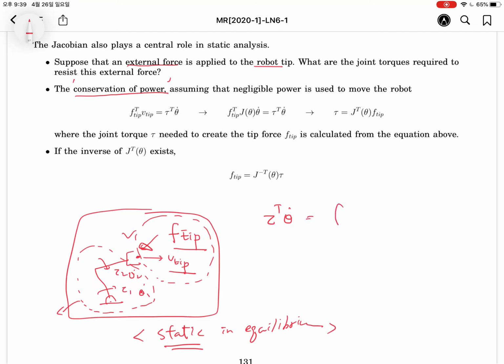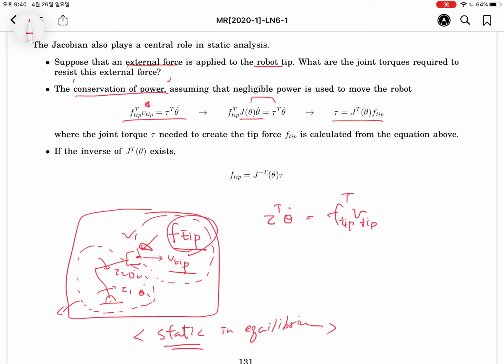It should be equal to F transpose V at the tip part. It is called conservation of power. Here, as you know, the end effector velocity will be replaced with the Jacobian and theta dot. By comparing both sides, we can know that tau should be equal to J transpose F tip.